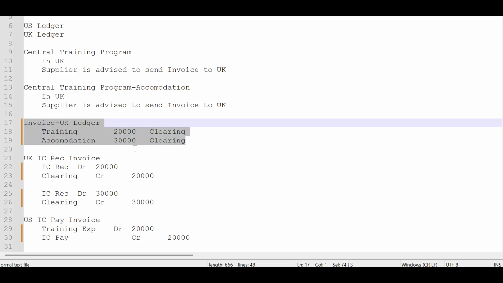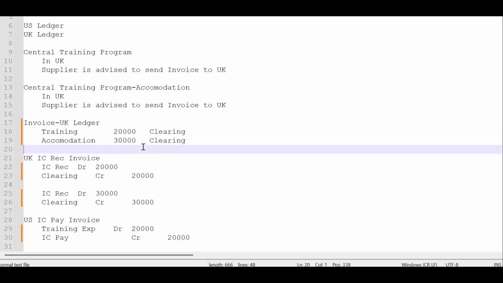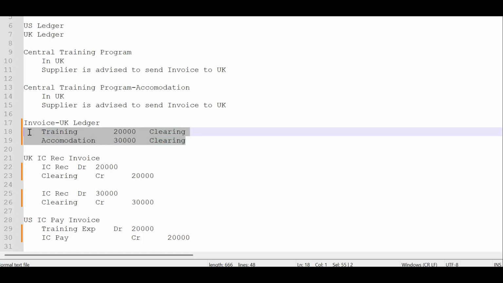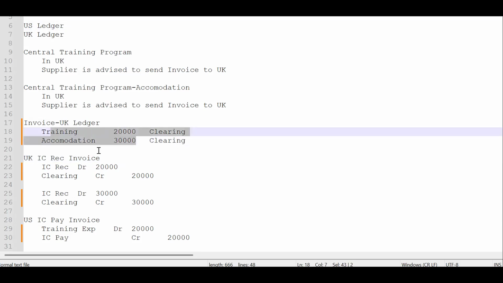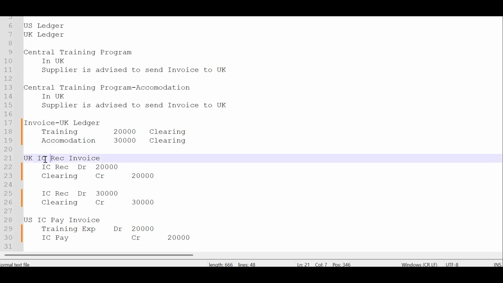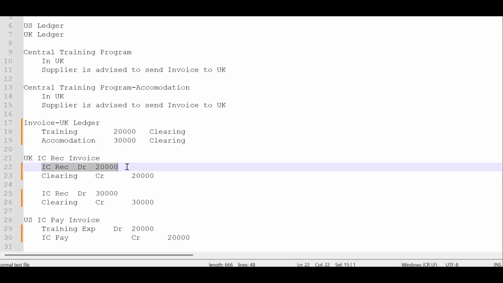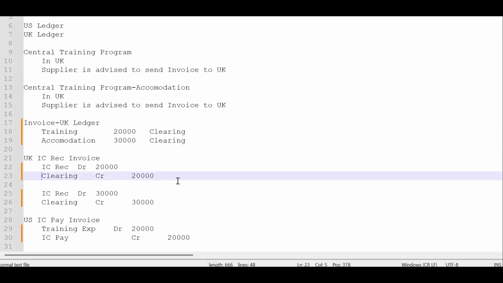After this happens, these two invoice lines which are raised in UK are related to US. So UK is expecting money from the US ledger counterpart, saying we have incurred expenses on your behalf. So the UK ledger will create an intercompany receivable invoice, and the entry will be intercompany receivable debited, and they will credit the clearing account which was debited here.